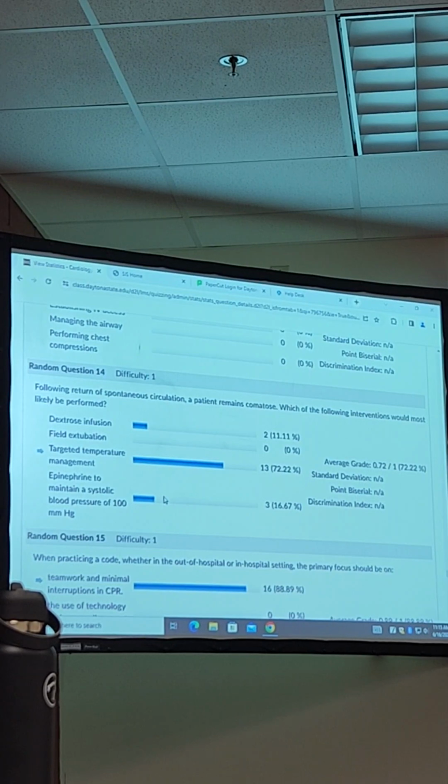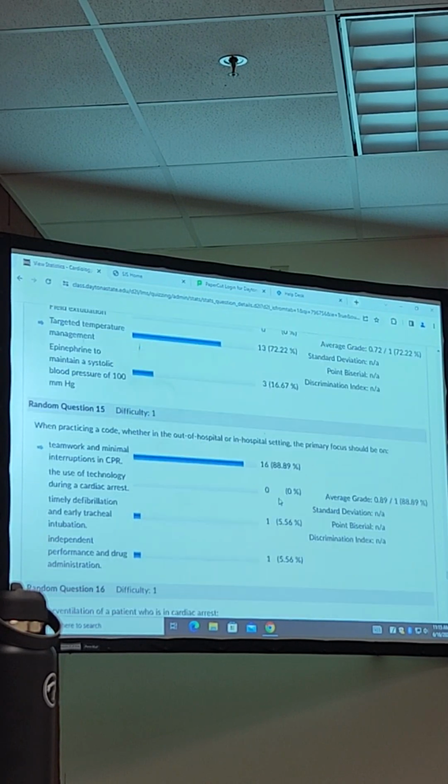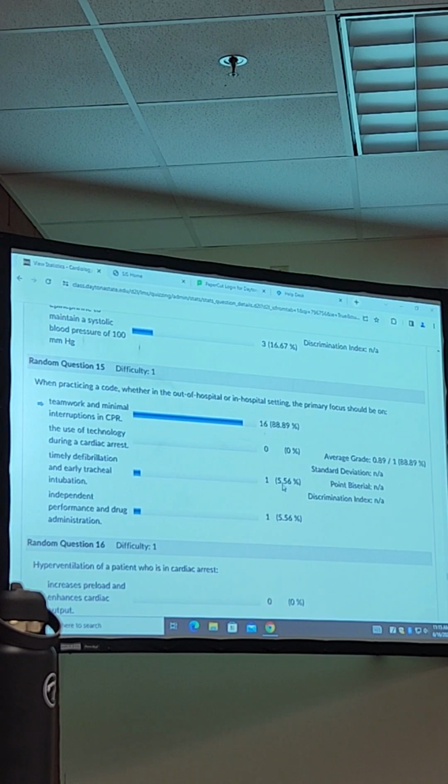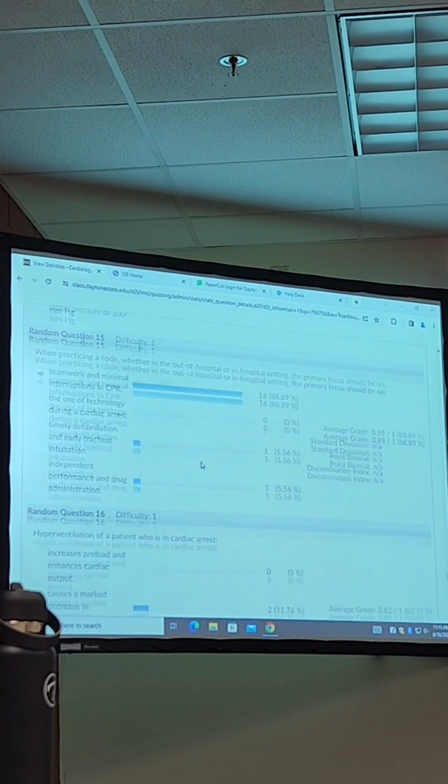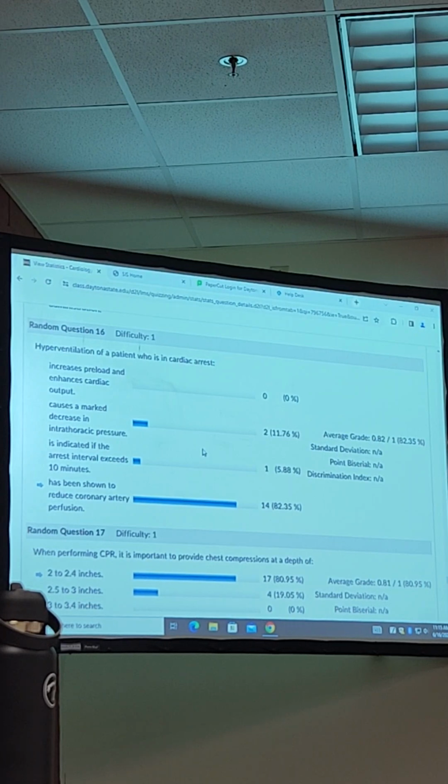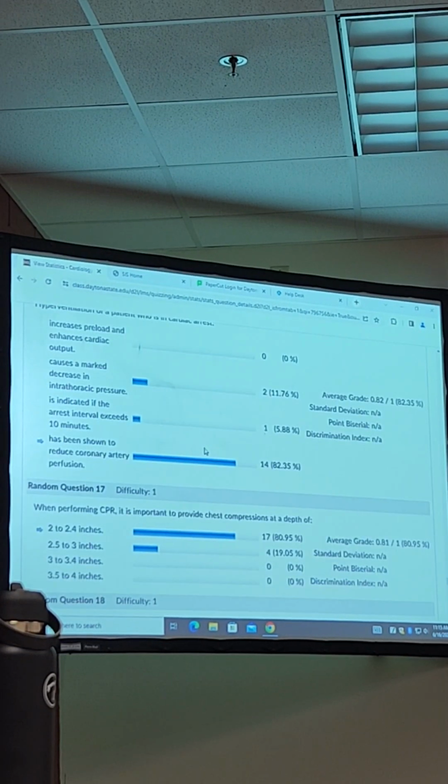When practicing your code in the out-of-hospital setting, your focus should be on teamwork and minimal interruptions. Hyperventilation reduces coronary artery perfusion. It actually increases pressure.